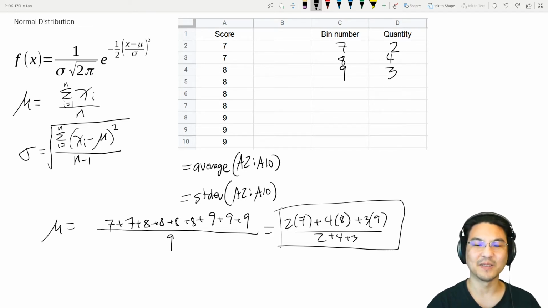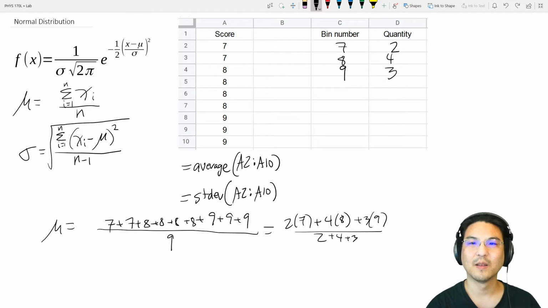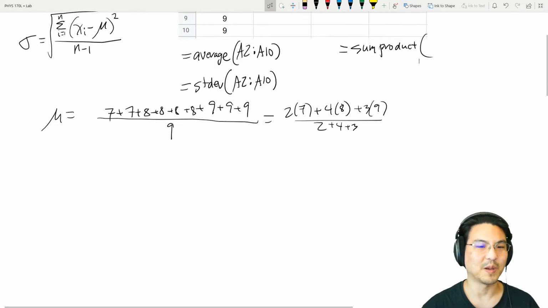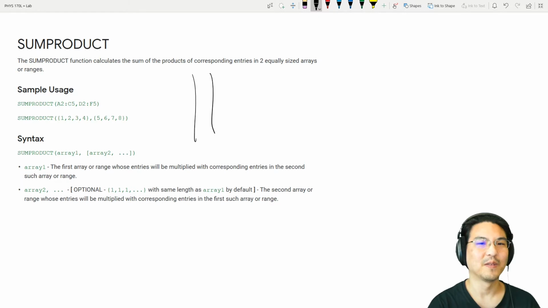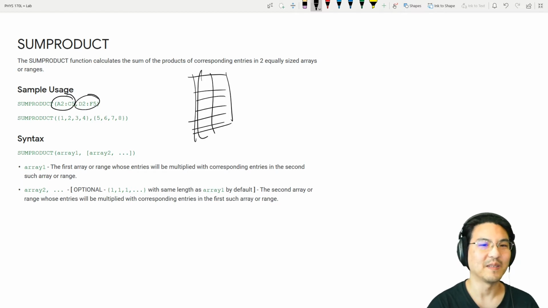So how do you do this on a spreadsheet? You can just type sum product, this function, and I'll show it. I copied it right here. So if you have data like this, sum product is this array, comma, this array. It does exactly what we wanted.